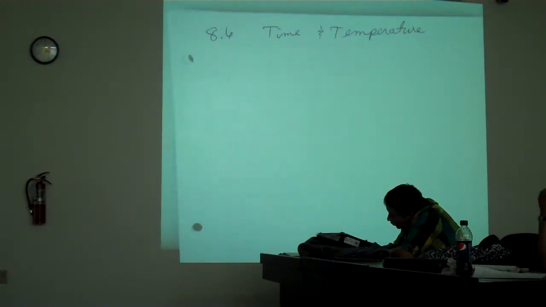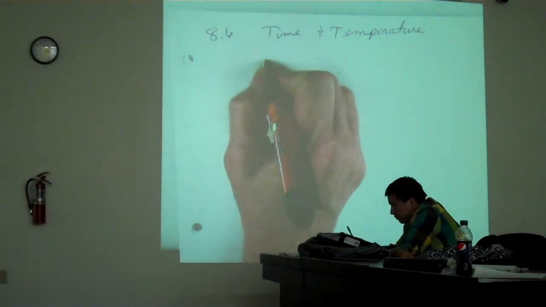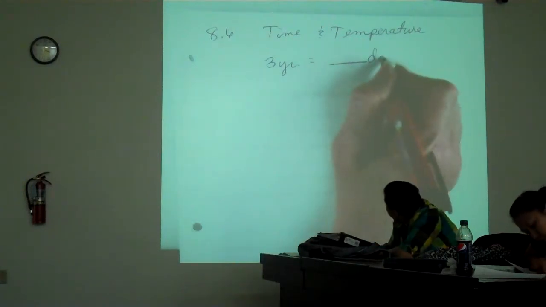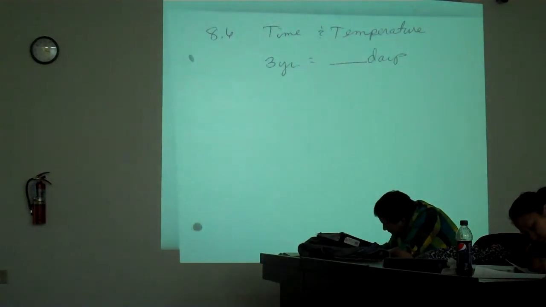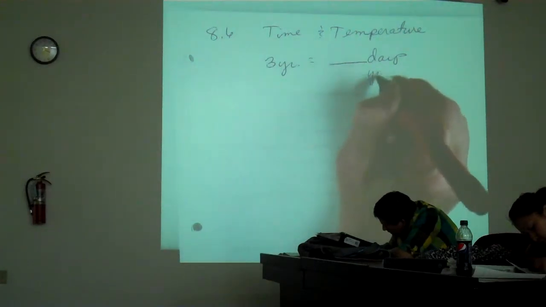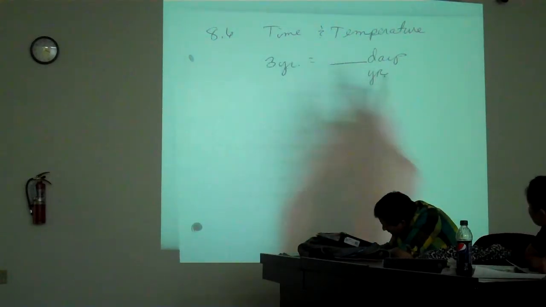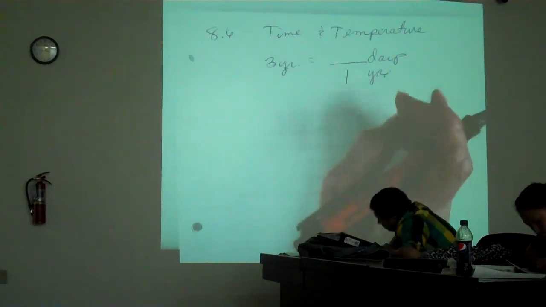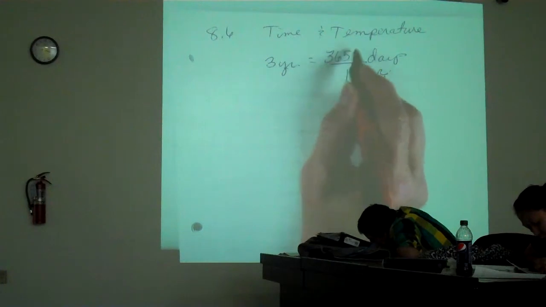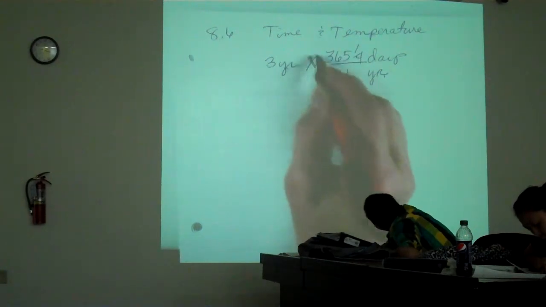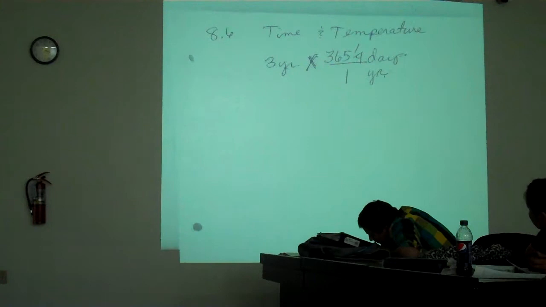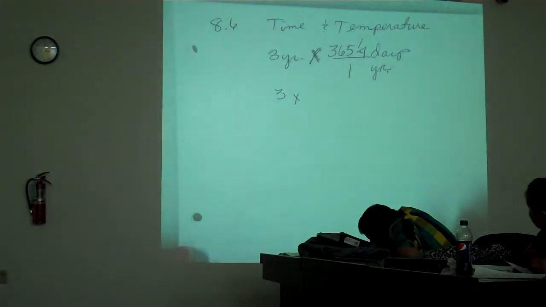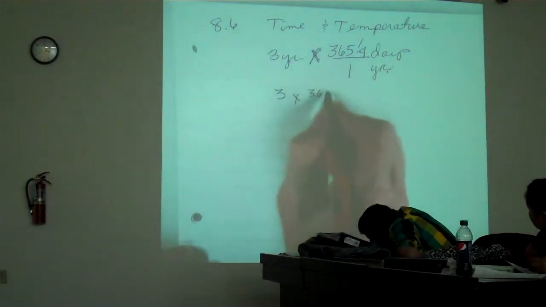Let's say 3 years is how many days? Okay, remember year comes down here, so you cancel it, right? 1 year is, how many days did it say? 365 1/4. We're going to multiply because it's on top, right? Okay, remember your fraction rules? 3 times 365 1/4.